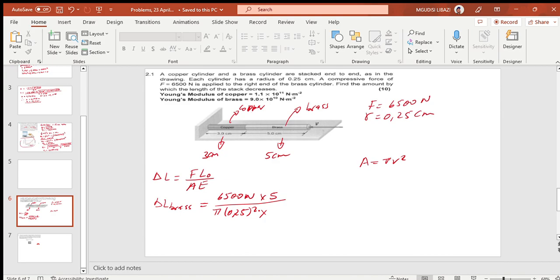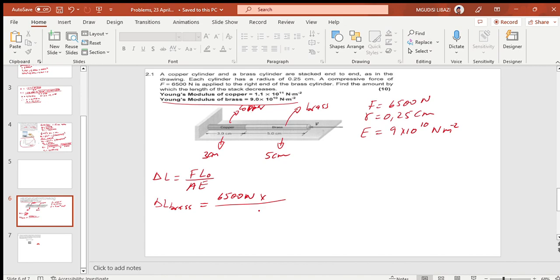Let's change everything to meters. We need to be careful, we are dealing with brass. So the Young's modulus given in the question for brass is 9 times 10 raised to 10 newtons per meter squared.